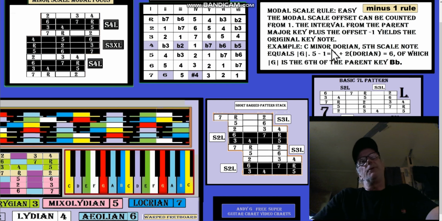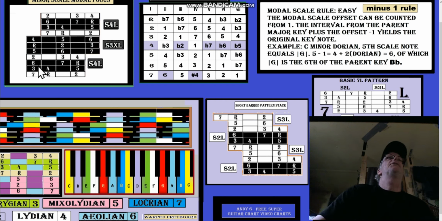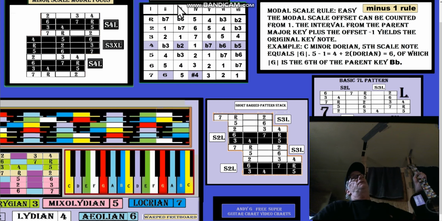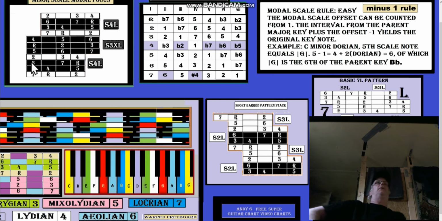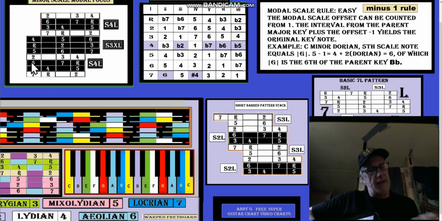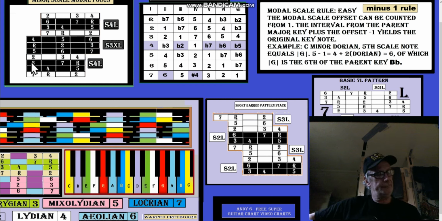You can put it in a computer, but the bottom line is, I'm still looking at this sixth as this 6 here, or this 6 here, and it's the same thing. So if we're in the key of E flat, the sixth of E flat is that C minor, okay?